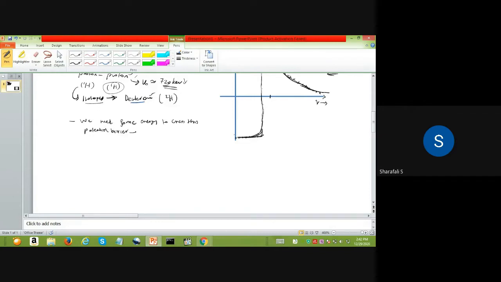Okay, so this can be achieved by accelerating the lighter nuclei. That can be done through acceleration.